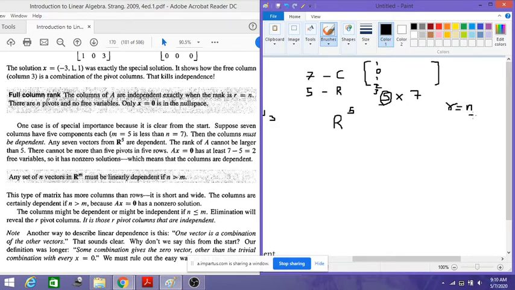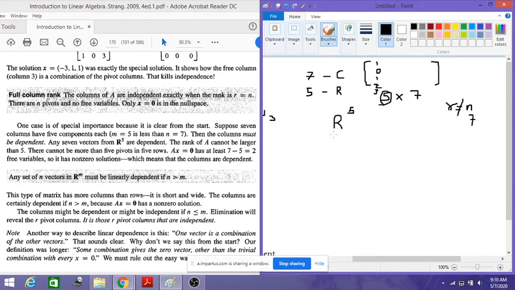The value of n here is 7, so the rank should also be 7, but in this case it is not at all possible to get rank equal to 7, because we have only 5 rows, so at most we can get only 5 pivots. So R is not equal to n, which means it is not a linearly independent set of column vectors. So it's a dependent matrix.